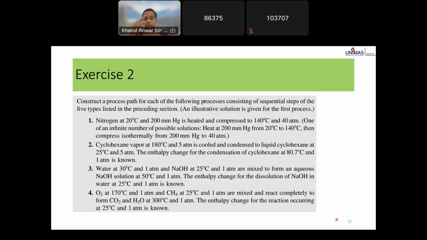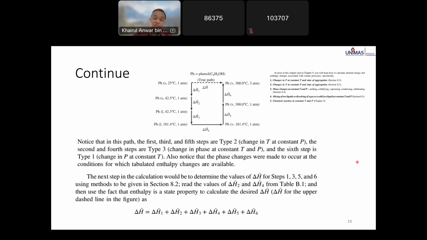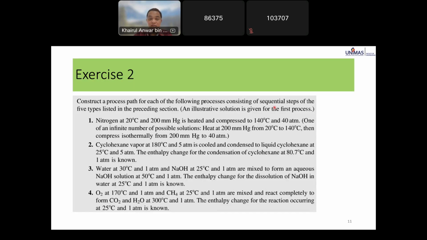Then delta H, another one. So you need to write the true path first. This is the initial, this is the target, so this is the true path. Underneath the true path, then you do the hypothetical pathway. For this case, how many hypothetical pathways?